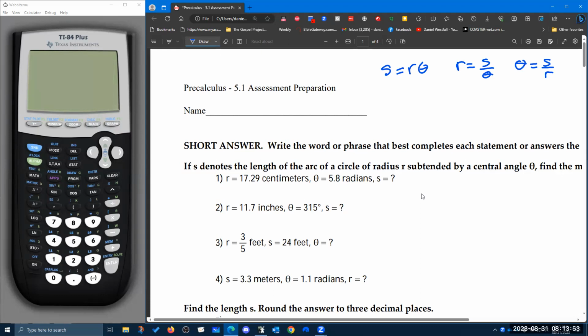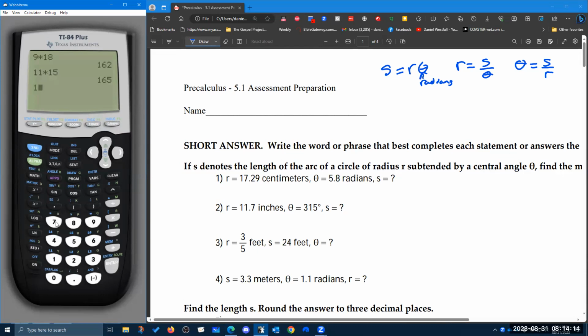Most of the time we're going to be solving for S, but remember that this angle needs to be in radians for this formula to work. So let's go ahead and do that in our calculator. Remember that S and R are going to be in the same units.